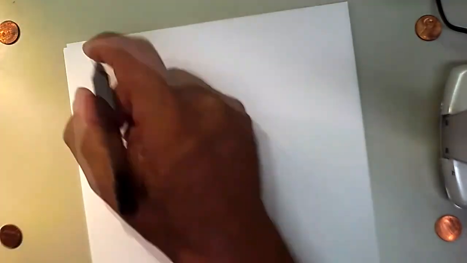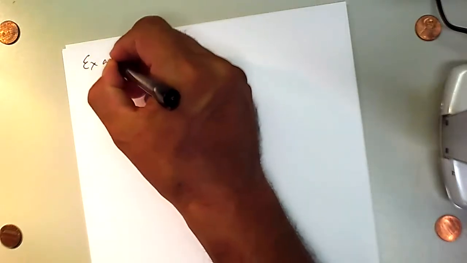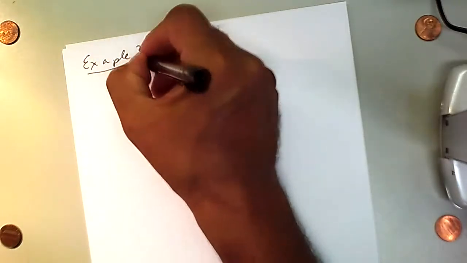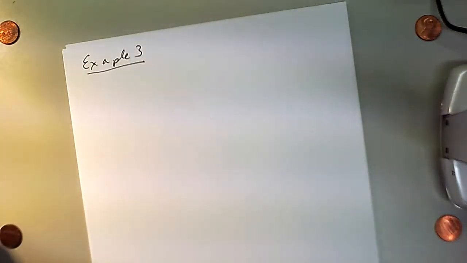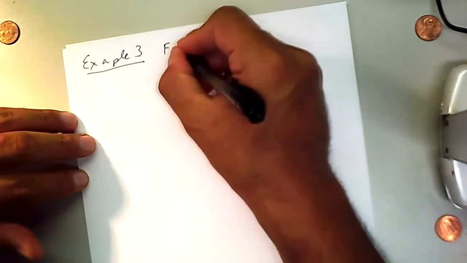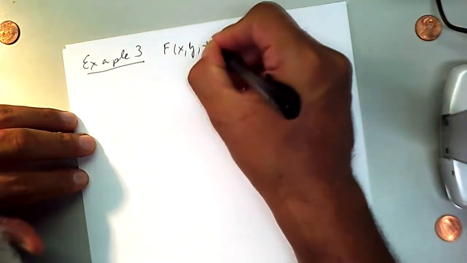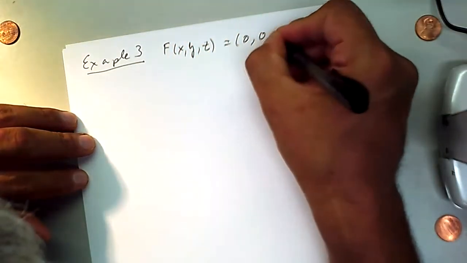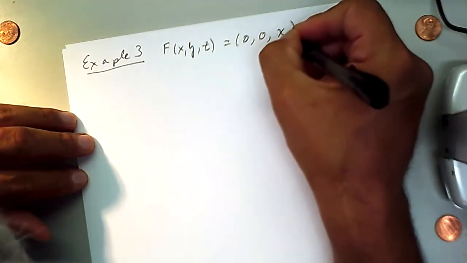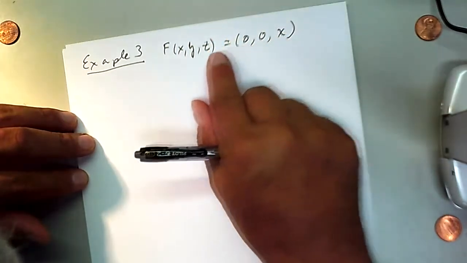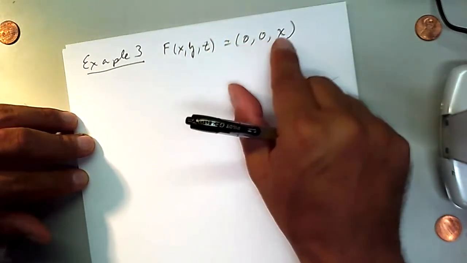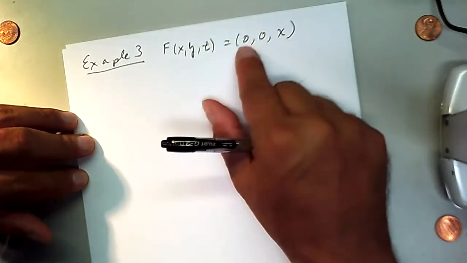Example 3. Let's say we have F(x, y, z) equals 0, 0, x. All right, so all of those outputs are going to go up or down because we got 0, 0.